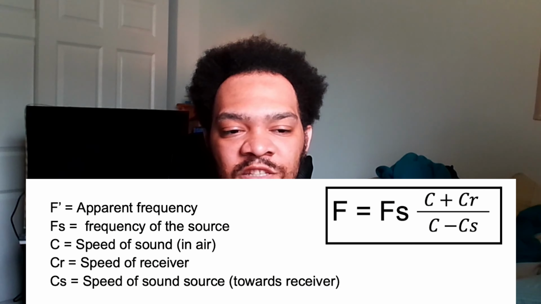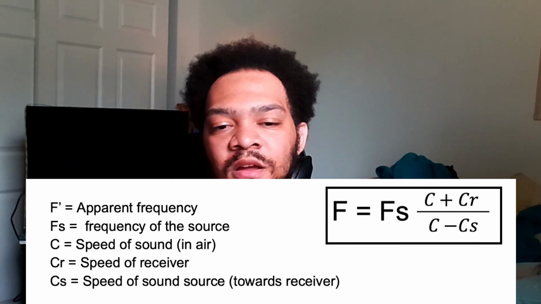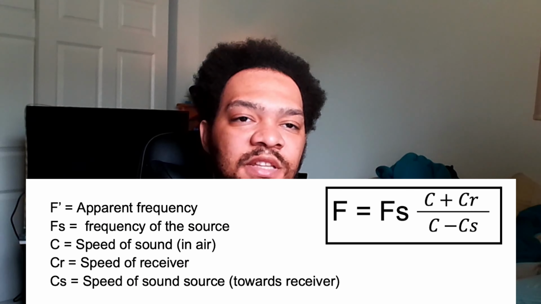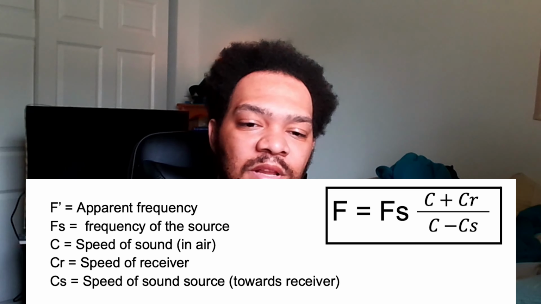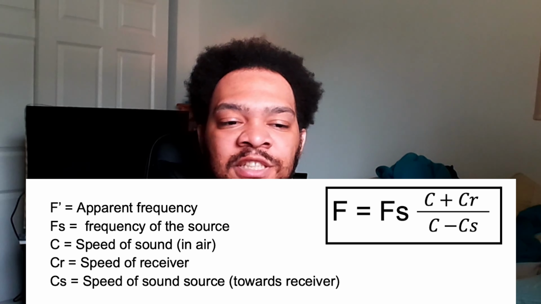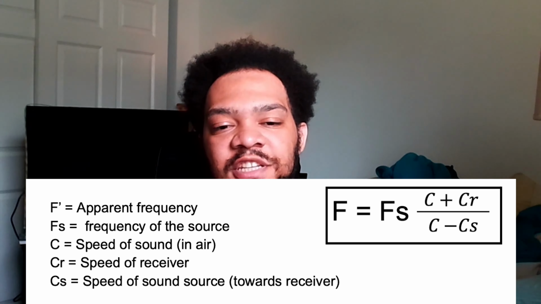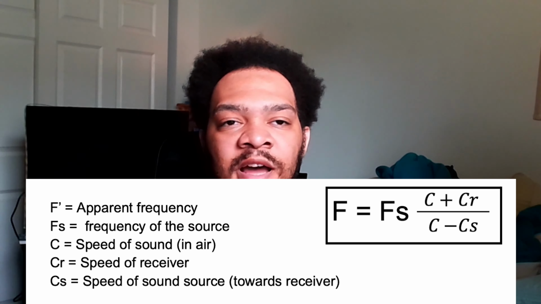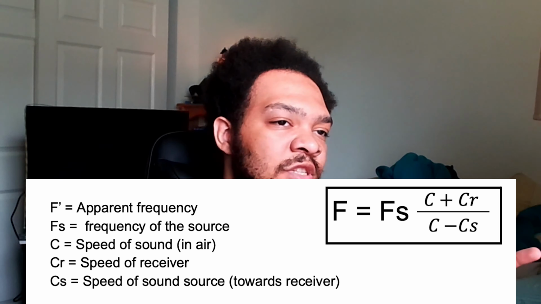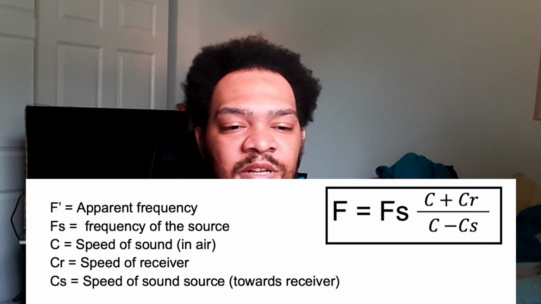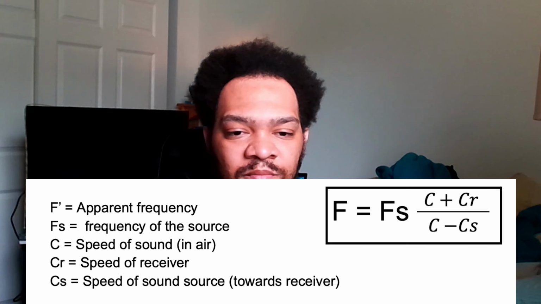C stands for the speed of sound in air, and the speed of sound is 1130 feet per second, plus CR, which is the speed of the receiver. So let's say you, as the receiver, are booking it at 15 miles an hour towards the train. You have to implement that speed right there.